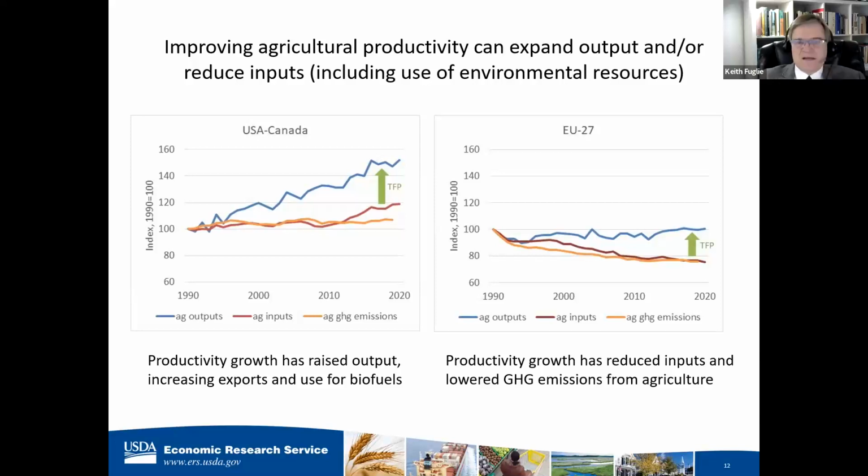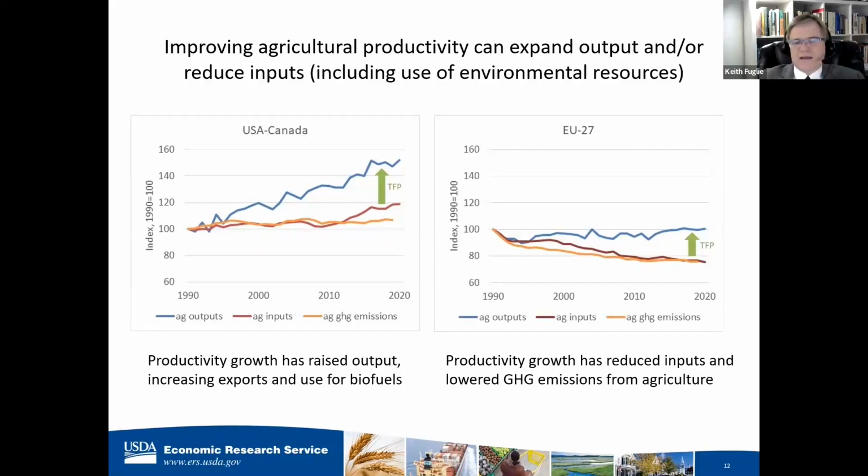So USA and Canada have seen output, the blue line, compared to 1990, by 2020, we were producing about 50% more output of agricultural crops and livestock than in 1990. And most of that growth had come because we were raising total factor productivity. The red line, total inputs, had grown only about 20%.